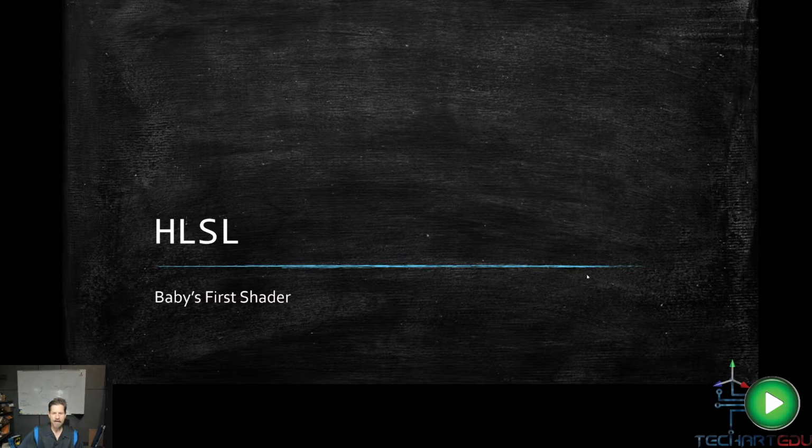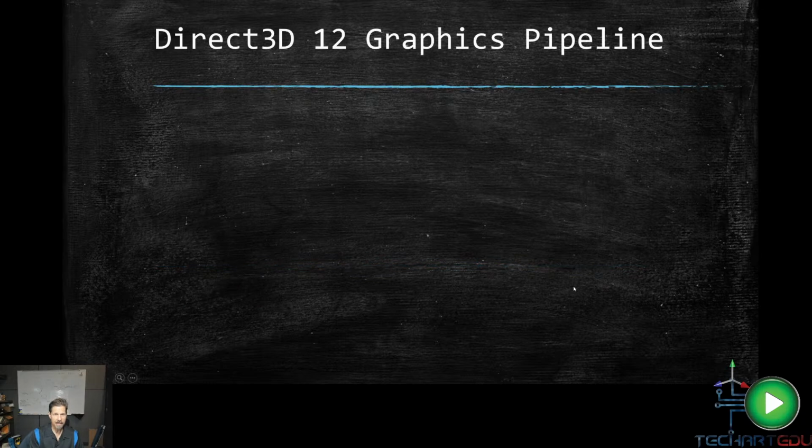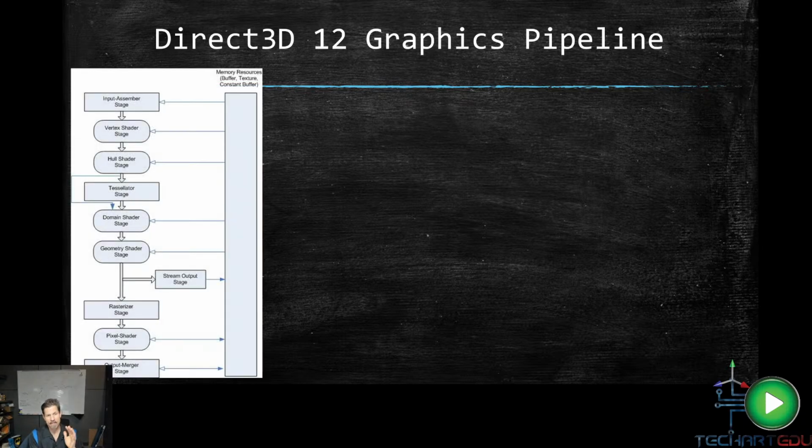Okay, in order to actually program in shading languages, you've got to remember the graphics pipeline. We've been over the graphics pipeline before, in an episode from about a month and a half ago, but let's go over it again as a real quick recap. There are basically seven stages to the graphics pipeline.